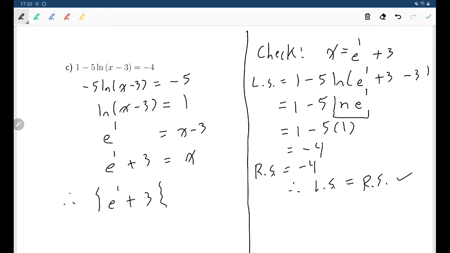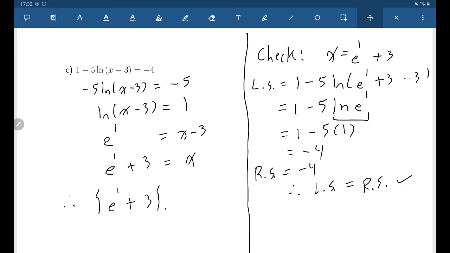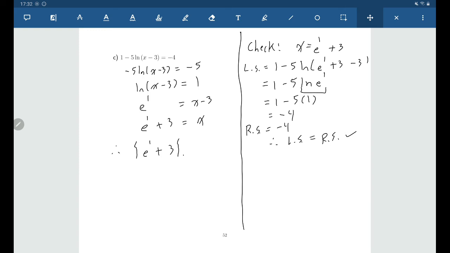And again, that would be how you should state your answer, as the exact value, e to the 1 plus 3. If you're to tell me that the answer is 5.7 or 5.71 or even 5.71828, you've done some rounding. Those are all approximate values. None of those are the exact value. The exact value is e to the 1 plus 3.